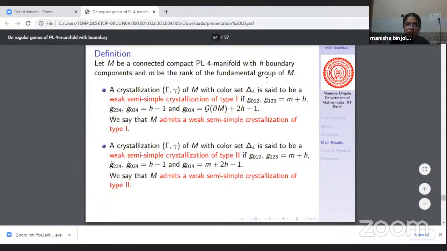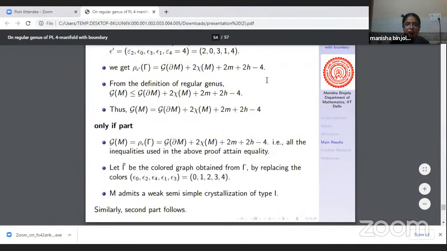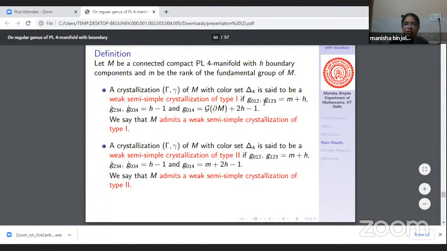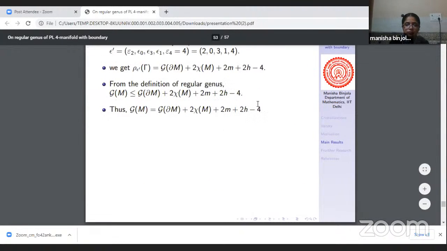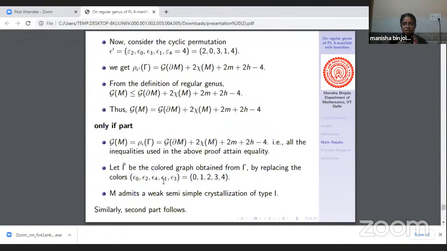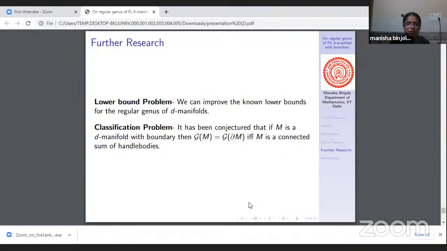And then using this thing, we again change the permutation here, okay? So that we can get the requirements according to our definition. It becomes 0, 1, 2 again, all right? So we make a new graph, change the colors from gamma, and then we say that M admits this gamma bar, which is a weak semi-simple crystallization of this type. Okay. So this is our proof.